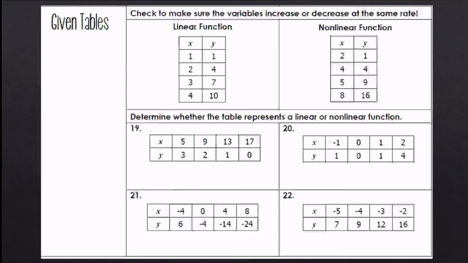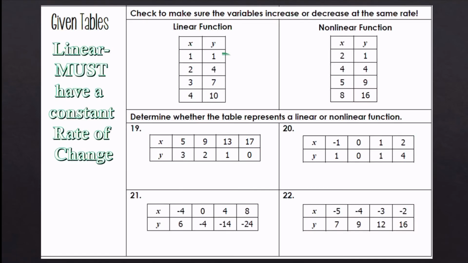So if I take a look here, as I move down, from 1 to 4, that increases by 3. 4 to 7 increases by 3. 7 to 10 increases by 3. This is 1, 1, and 1. But what we must realize is, right along here, the slope between these 2 points, it's the change in y over change in x.